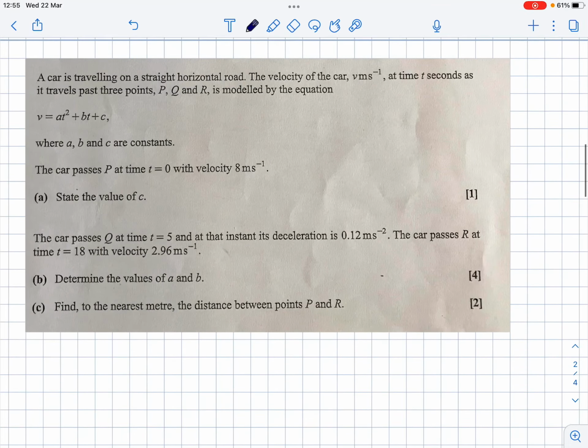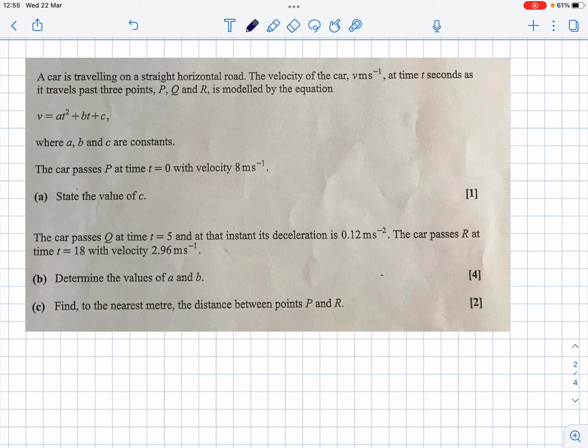Right, next question. So this time, there is no mention that this is constant acceleration, and also the velocity here is a function of time. It's a quadratic. So even before the question starts, if we've got a quadratic equation, that means that the gradient is changing along this curve.